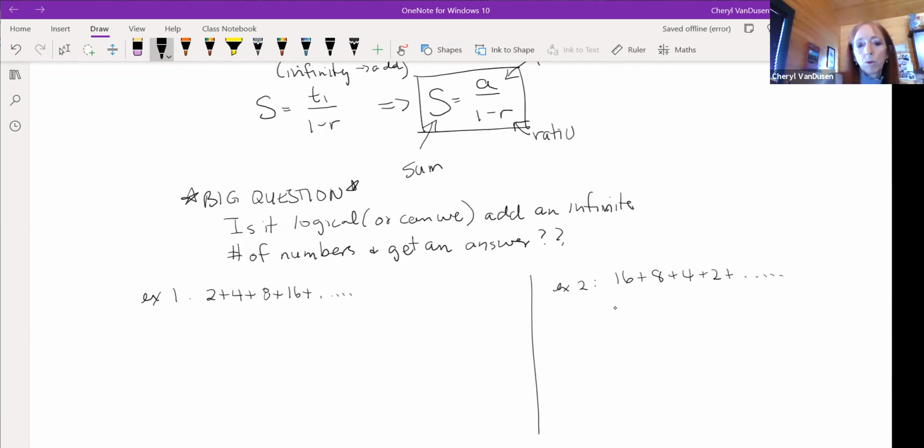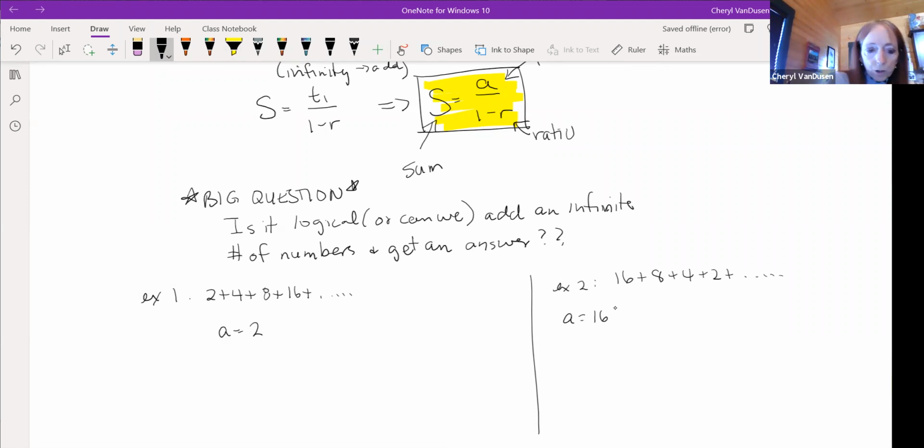Okay, so let's just be reminded about how we identify the different pieces of information. This is the formula that we're targeting, trying to find the sum of an infinite number of numbers, an infinite series. So A is the starting number, so that's super easy to find. It's given to us. So A is 2 here, A is 16 here.